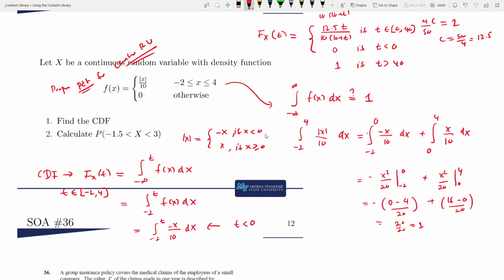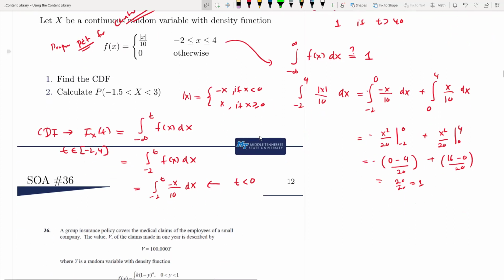I need to divide it into two separate portions because we have absolute value. So that would end up as negative x square over 20 from -2 to t. That would be negative t square minus 4 over 20.